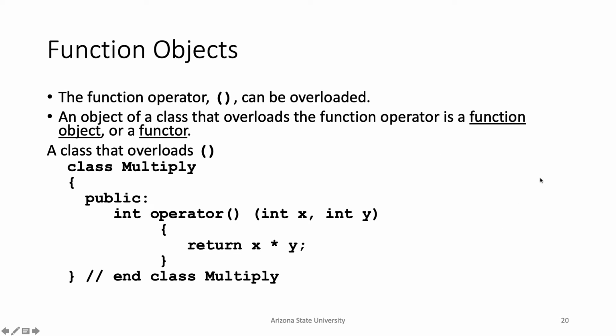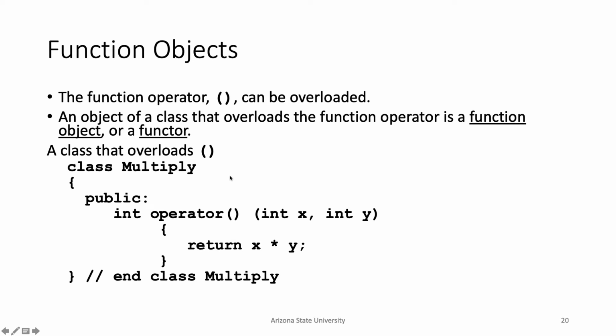But let's move on to something called function objects. So this is related to things that we've kind of done before, but also the operator overloading stuff that we talked about. So what we have here is one operator, which is the function call operator, which is the left-right parentheses.